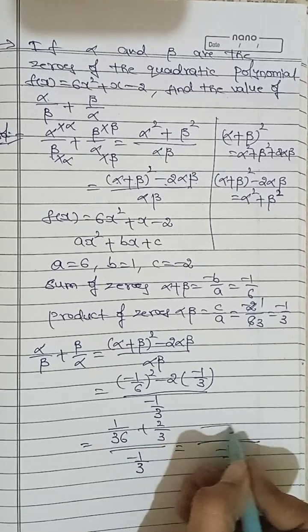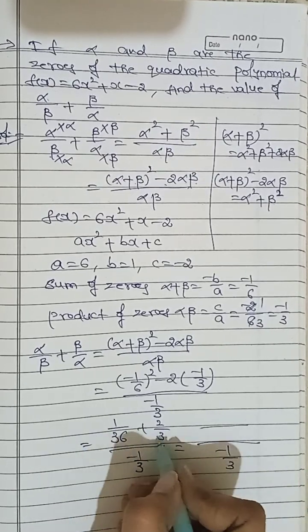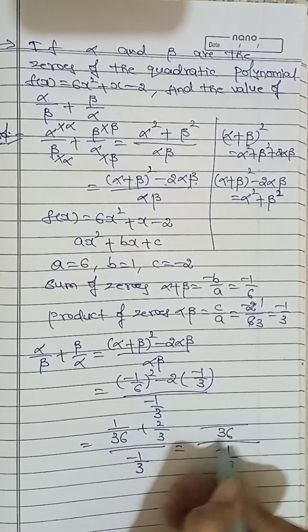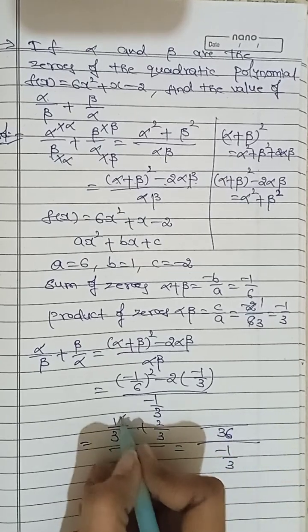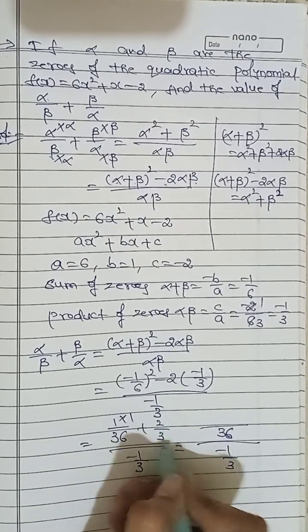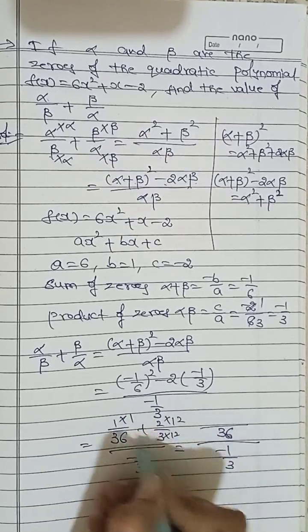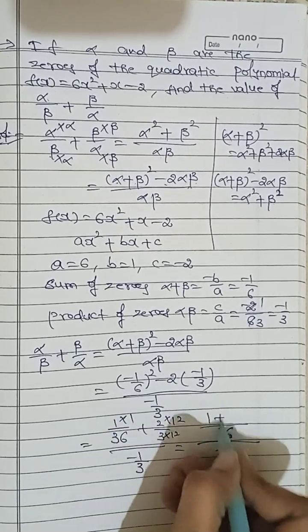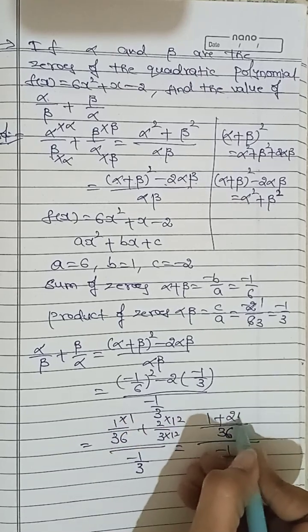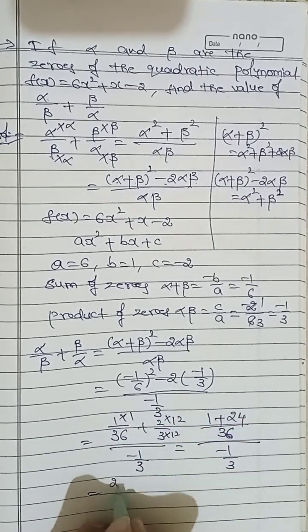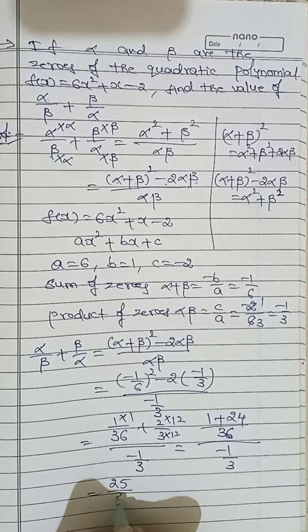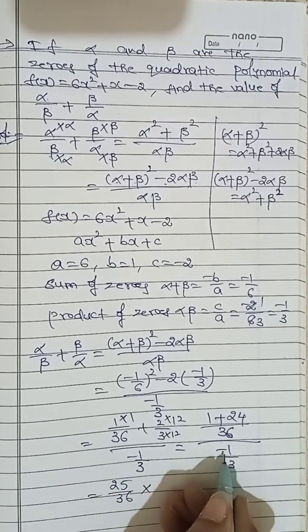Here the denominator minus 1 by 3 will be as it is. So the numerator should be simplified by taking LCM of 36 and 3, which is 36. 36 divides 36 only one time, multiply by 1 here. Here 3 divides 36 just 12 times, multiply by 12 in this numerator also. So 1 into 1 is 1 plus 2 into 12 is 24. That equals 24 plus 1 is 25 by 36, divided by minus 1 by 3.